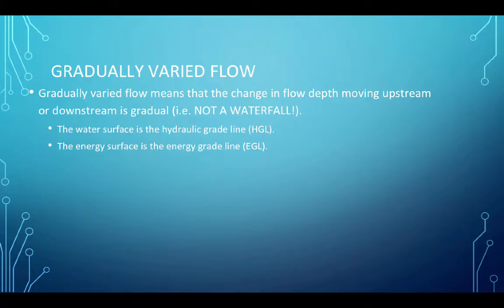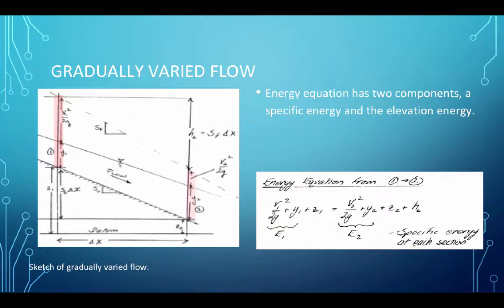The flow depths at the different sections may not be the same. Generally, the change is gradual, moving upstream or downstream. The water surface, as you recall, is the hydraulic grade line. The energy surface is the energy grade line. So in gradually varied flow, we have this situation where at a section we have the flow depth indicated here by z.